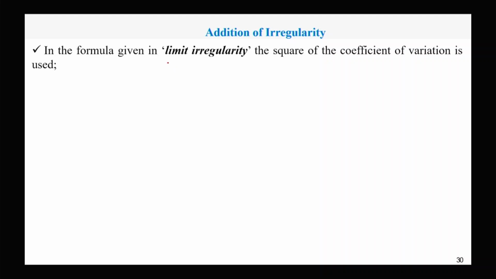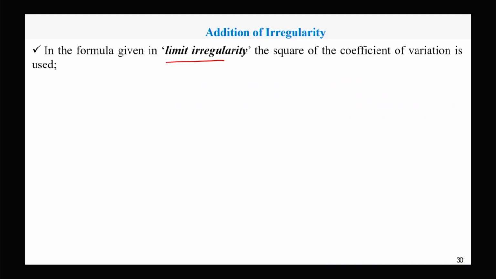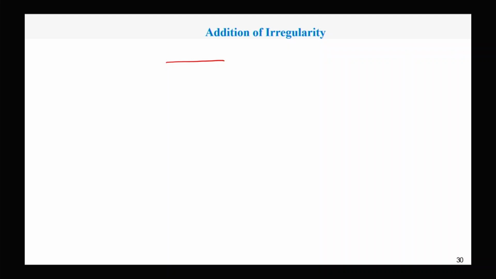So in the equation of limit irregularity, we have seen that the addition is not like normal addition.